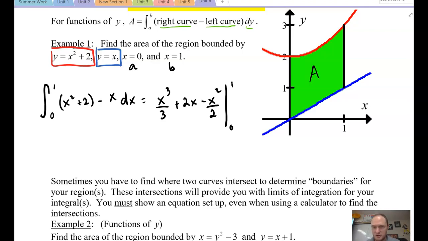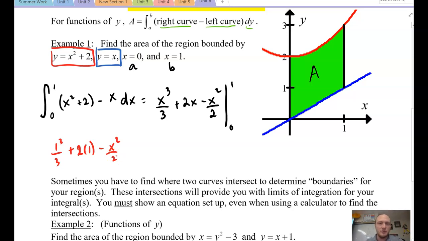Now we're going to evaluate at those functions. Remember, it's always your top value minus your lower value. So we'll plug in 1 cubed over 3 plus 2 times 1 minus 1 squared over 2.